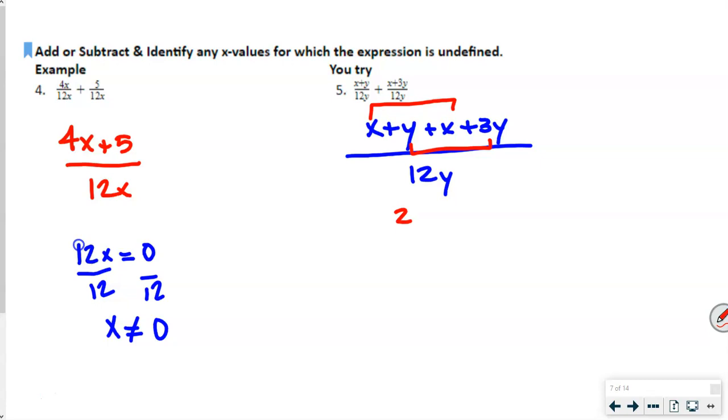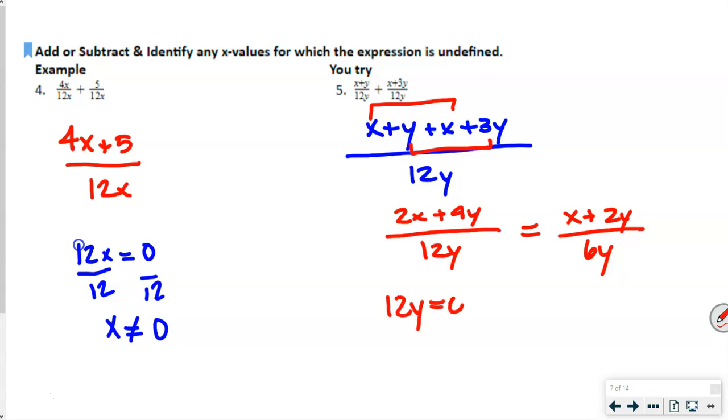So this is going to be 2x plus 4y over 12y, right? Now, hopefully you can see that all of this reduces by 2. So this is going to be x plus 2y over 6y. And once again, we got to set our denominator equal to 0. So this is going to be y cannot equal 0 this time.